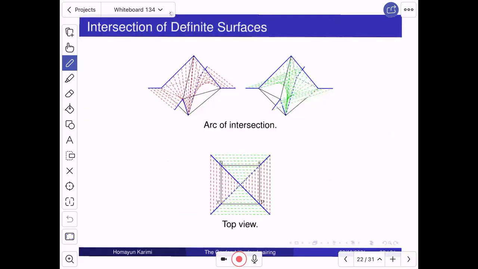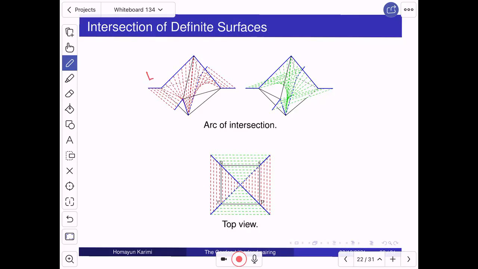So here is a picture. These blue arcs mean my link L, and the dashed red and green are two spanning surfaces for my link L. You can see that these two surfaces intersect each other.